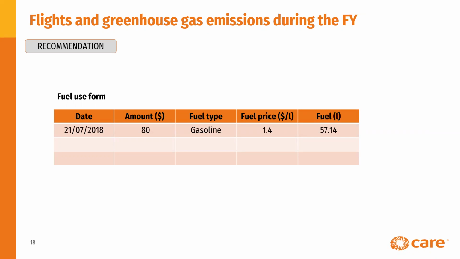Experience has shown that it is preferable to monitor emissions on a continuous basis such as this, in a live spreadsheet that is updated regularly. An example is shown here, where you have the date when the fuel was purchased, the amount spent, the fuel type, and the fuel price at the time of purchase, so we have direct knowledge of the fuel amount in liters.